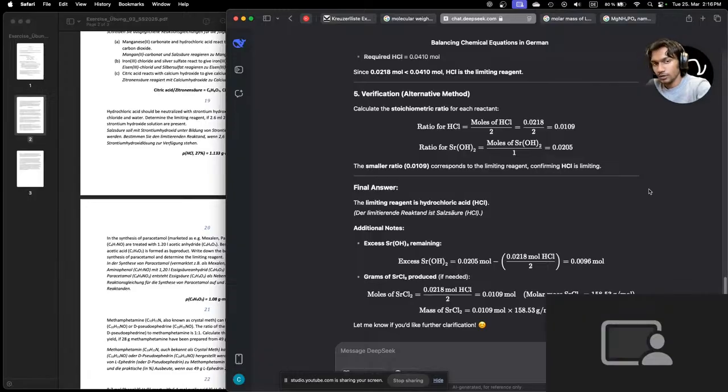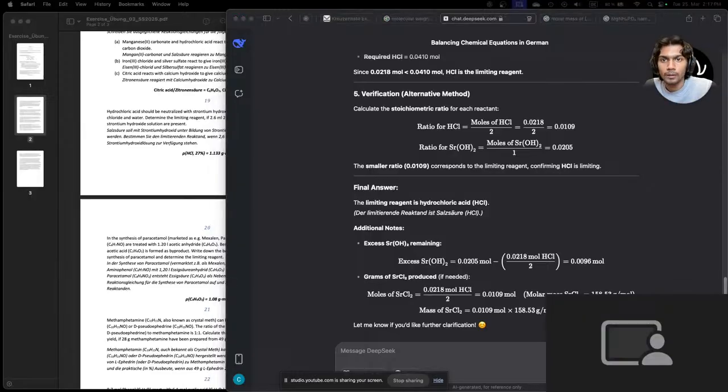So molarity and the volume give the moles. So we found the moles. Now from moles we gotta find the mass.